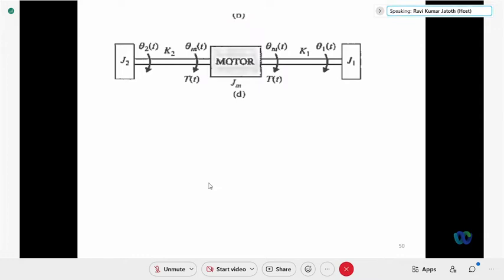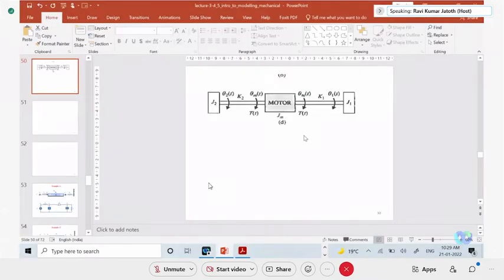Now where do you see these kinds of systems in real time? You see there is a motor and on two sides there are pulleys connected. Did you see these kinds of systems anywhere? Tell me, sir, why do we need to model?